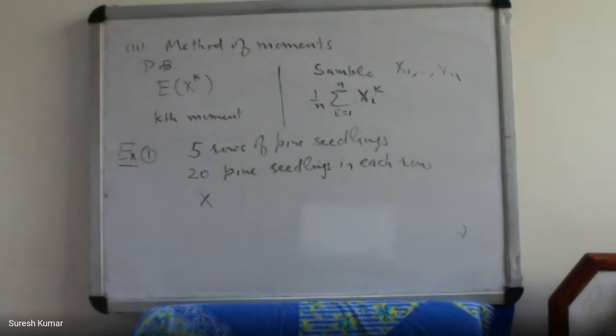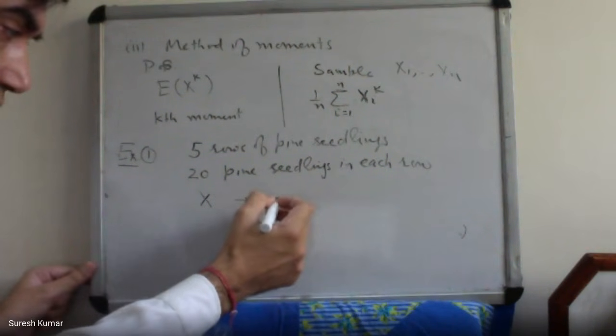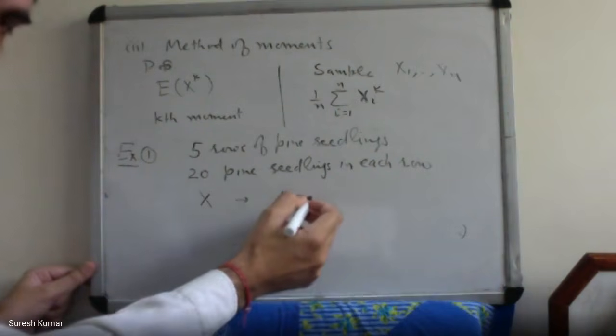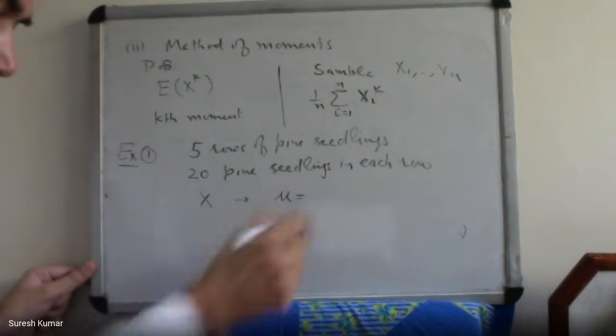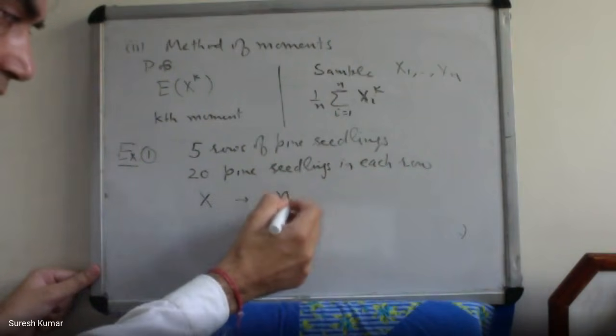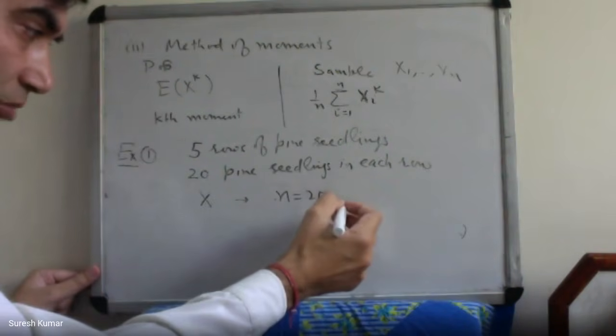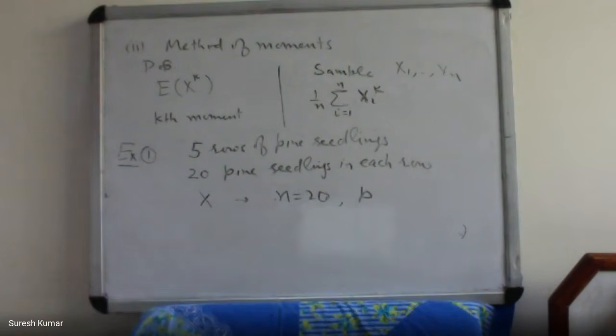Then X follows a binomial distribution with n equal to 20 and some unknown p.